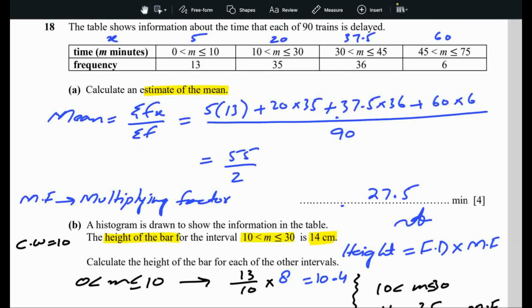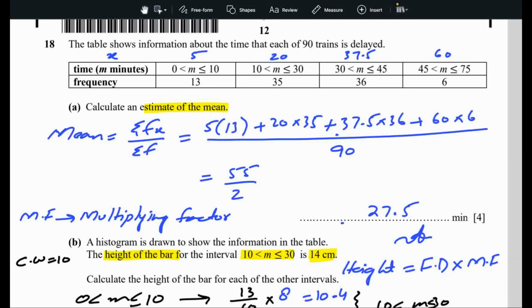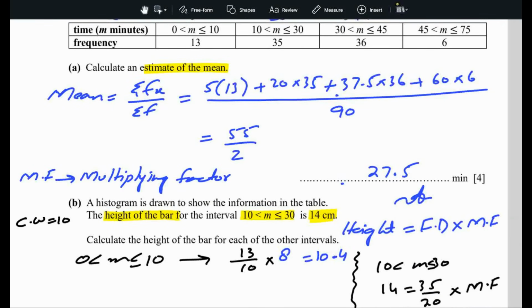Now for the next one, 10 to 30. The height is already given to us. So for 30 to 45, this will be equal to frequency divided by the class width.